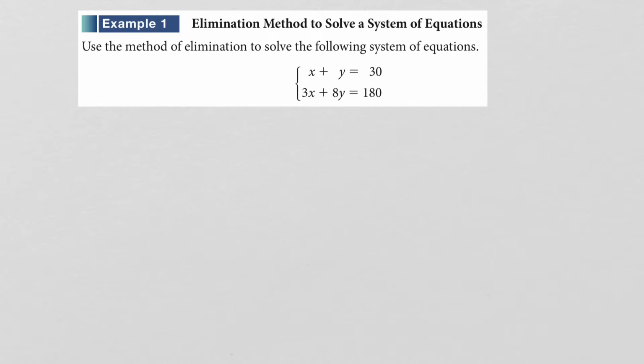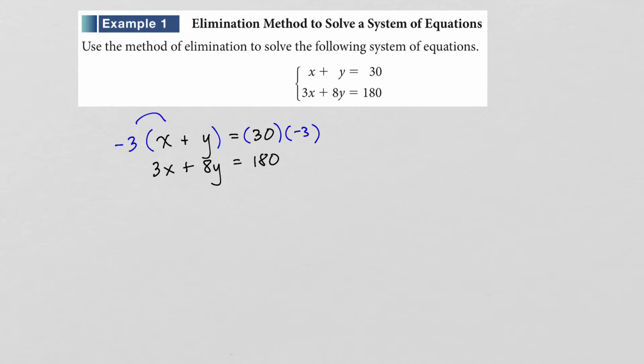So basically, we have to take the system and multiply the first equation by -3 on both sides. When I do that, if I distribute the -3 here, we get -3x minus 3y is equal to -90, and the second equation will remain unchanged.